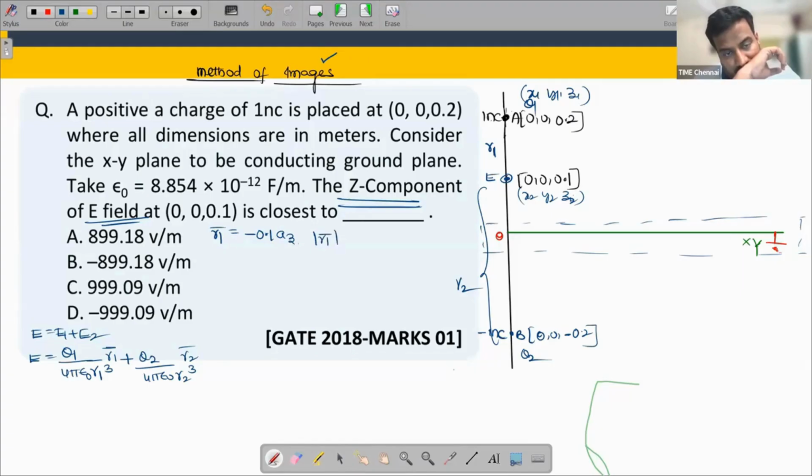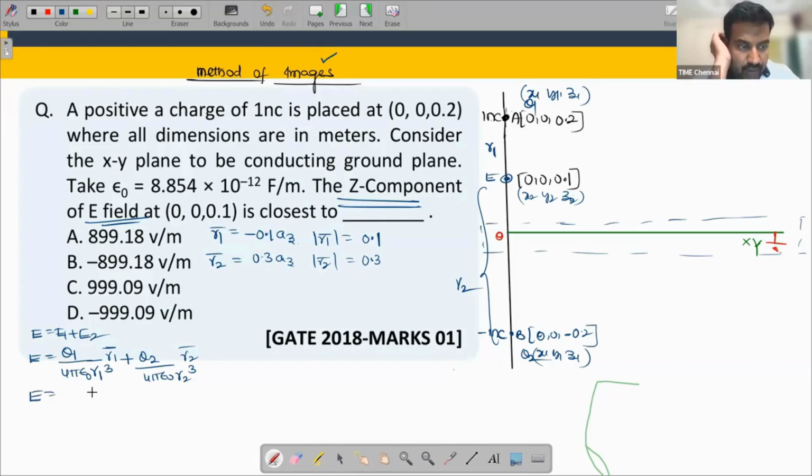Similarly, mod of R1 will be 0.1. R2, this will become X1, Y1, Z1. So 0.1 minus of minus 0.2, 0.3 AZ. Mod of R2 is 0.3.